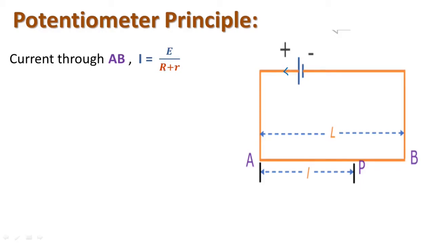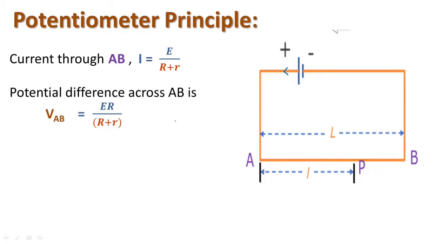Therefore, E upon R plus small r is current flowing through the wire AB. Potential difference across AB is I into R. Putting the value of I, potential difference across AB is equal to ER upon R plus small r. That is the potential difference across the length AB.